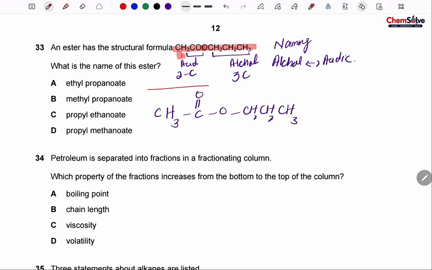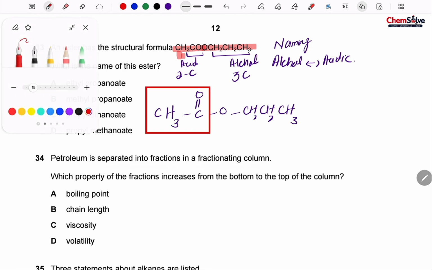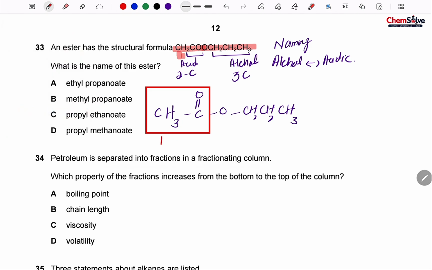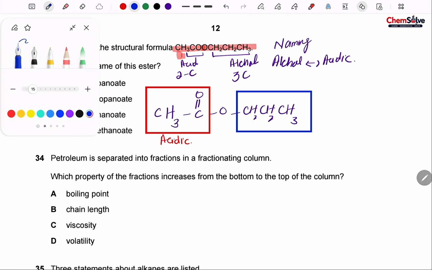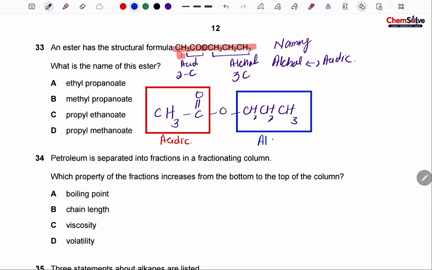This part is the acidic part, and this part is the alcohol part.